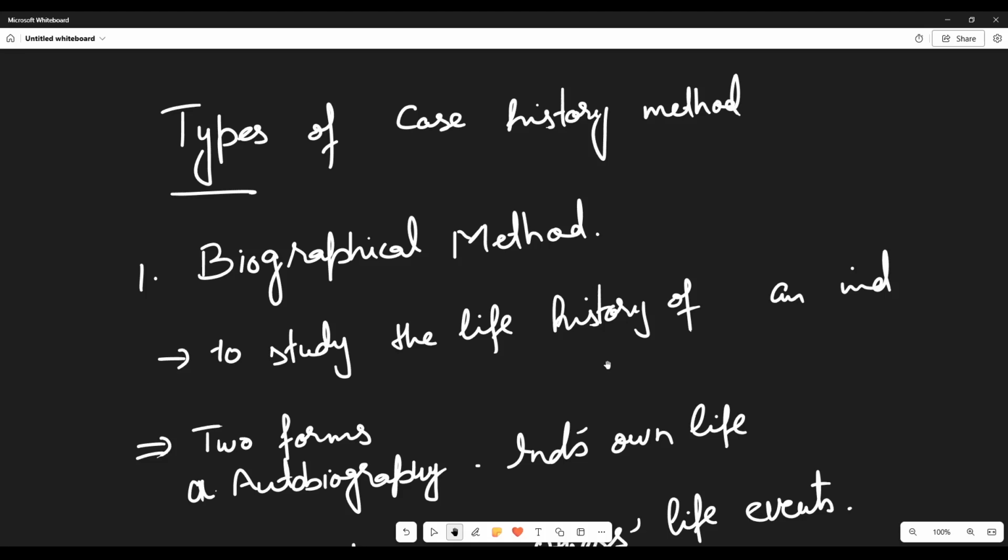If we see the types of case history method, there are two types. Number 1 is biographical method. Biography means to study the life history of an individual. This method involves the description and understanding of those events and happenings that are inferred from the life histories of other people. This biography may take two forms.